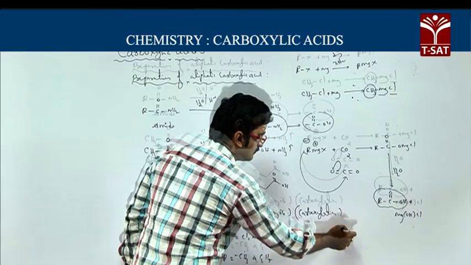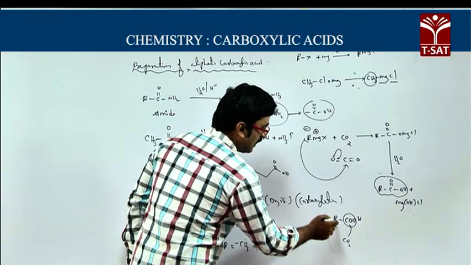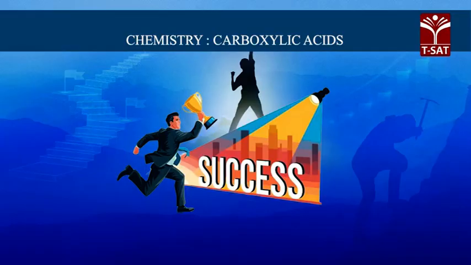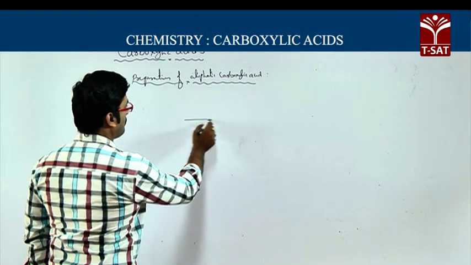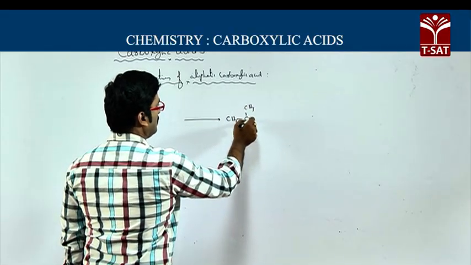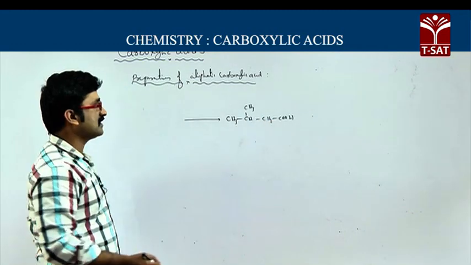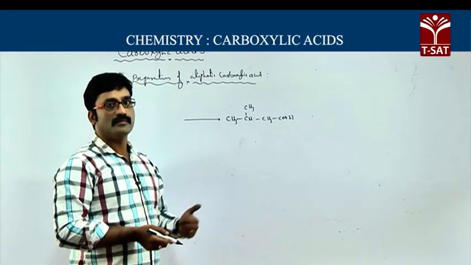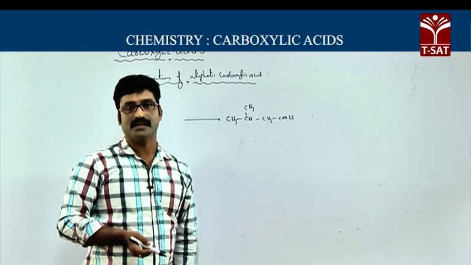So in the preparation of carboxylic acids using Grignard reagent and carbon dioxide, in the carboxylic acid group, this part will come from carbon dioxide and this part will come from RMgX. Now we'll take one more example. Say if you want to prepare (CH3)2CHCH2COOH. In the examination they will ask you which Grignard reagent is used for the preparation of this carboxylic acid.